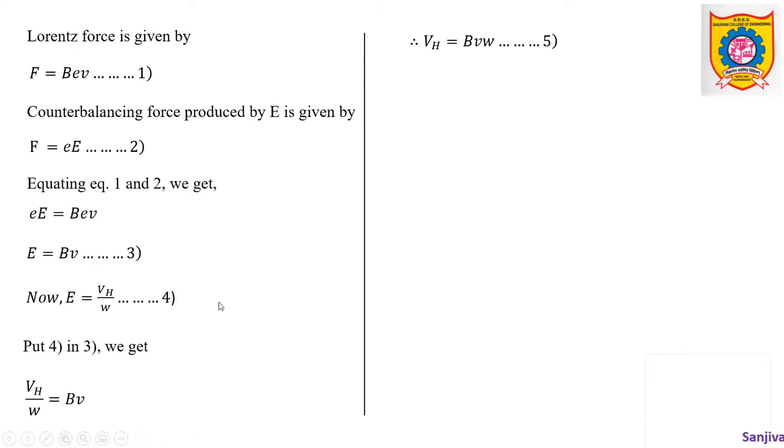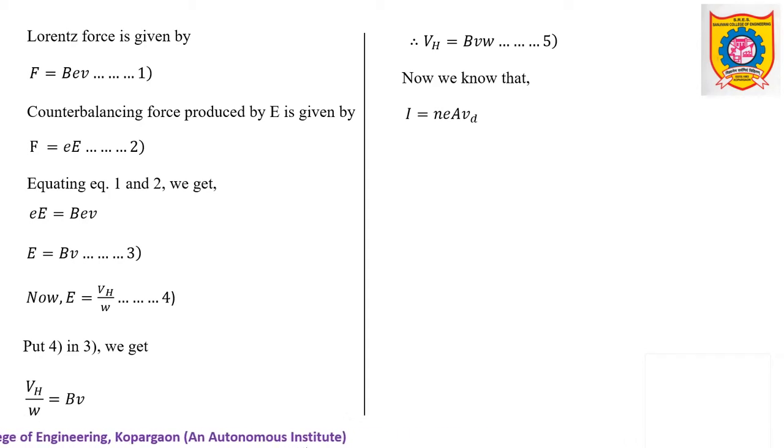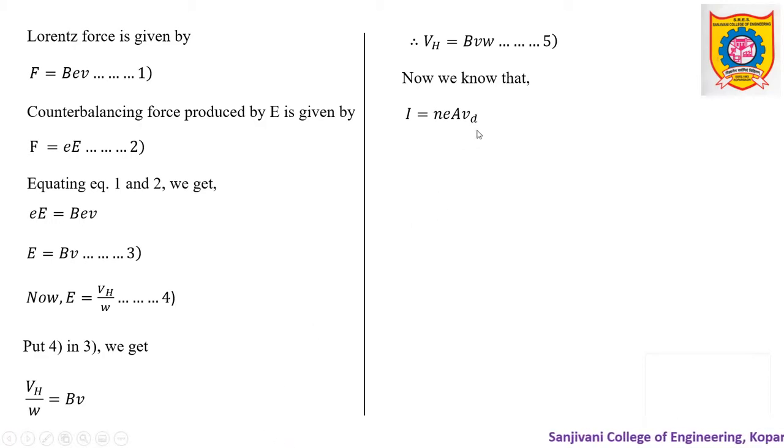Now how can we determine this drift velocity? For that purpose we will focus on the measurement of V. Let us recall the expression for current expressed in terms of drift velocity. This formula has also been discussed in the previous video. I equals NeAVD.